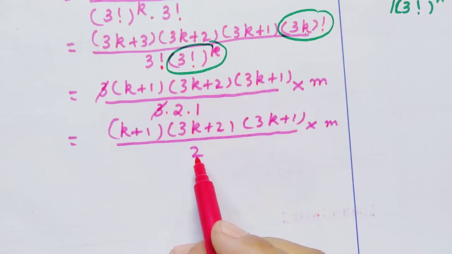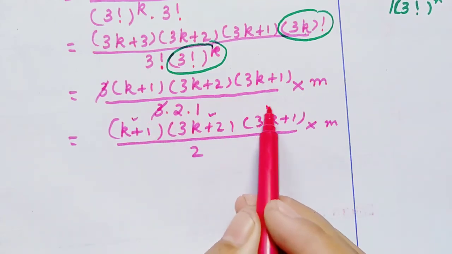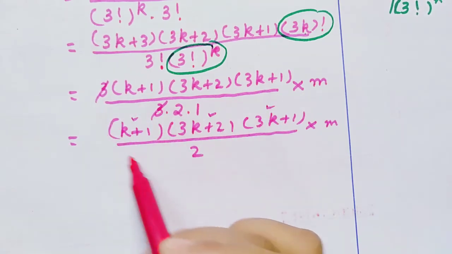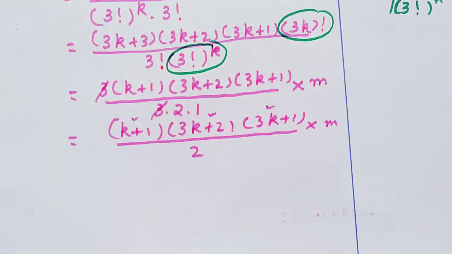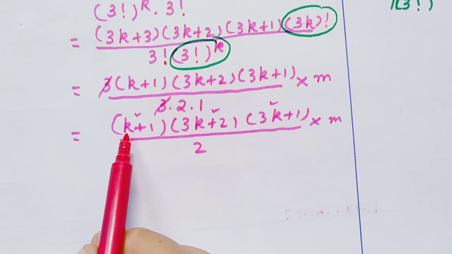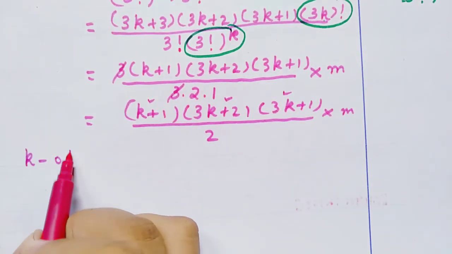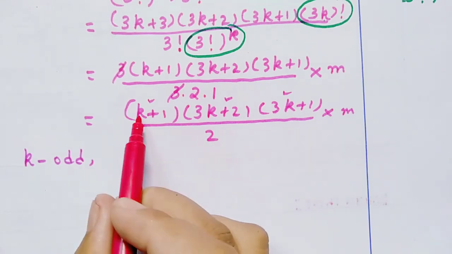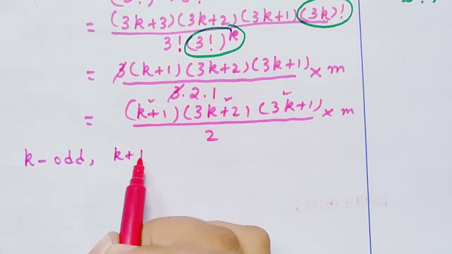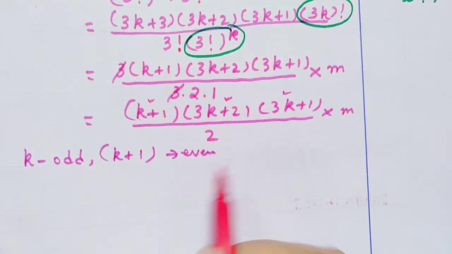And in the denominator we have an even number 2. So see, if one of these is even, then clearly we can say that this whole expression is an integer. So now we have to check when k is both odd and even. Now see, when k is odd, then what happened? When k is odd, this term would be even, and even is divisible by 2.